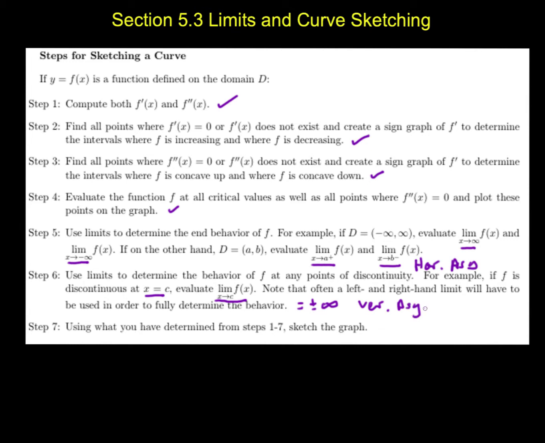So that's how to interpret the results. If as we go to the endpoints the limits exist, we have a horizontal asymptote. And at places where we've got discontinuity and the limit is plus or minus infinity, we have vertical asymptotes. Then we'll take all that information, put it together, and sketch the graph.